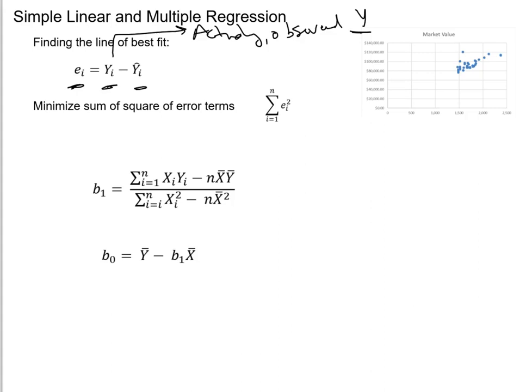This is what a house was actually worth. This is the actual observed value, and y hat is the estimated. According to our little model, it's what the model estimates the value of y should be. It's the estimated value of what the house market value should be based on an amount of square feet.